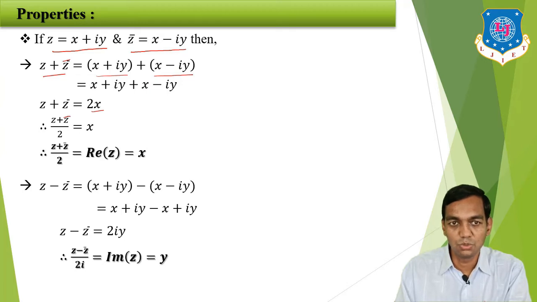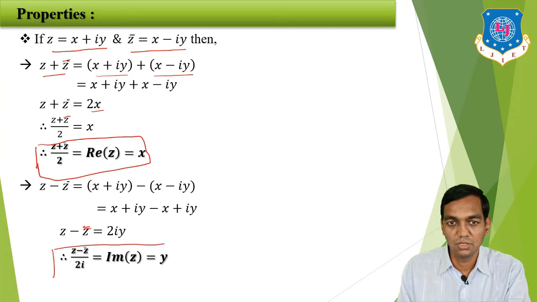Okay, so the real part of z is nothing but z plus z bar upon 2. In the same manner, if you find z minus z bar, then you will get 2iy. And since you get 2iy, y will be nothing but z minus z bar upon 2i. So this one is your imaginary part.